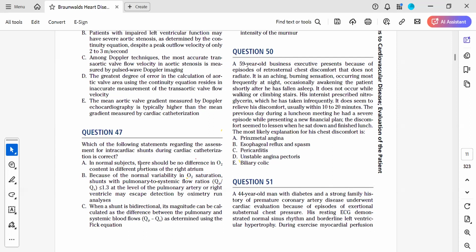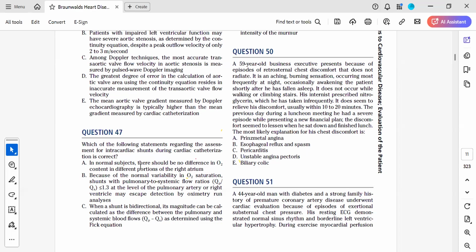Option C: when a shunt is bidirectional, the magnitude can be calculated by the difference between pulmonary and systemic blood flow, that is QP minus QS, as determined using Fick's equation. I didn't get the explanation to this question properly earlier, but if I'm correct, with Fick's principle, if you have regurgitation or movement of blood that is not giving the direct flow you want, it will give you errors in accurately measuring the differences in those flows.